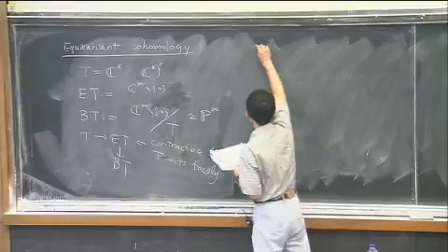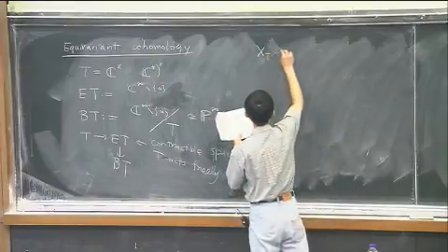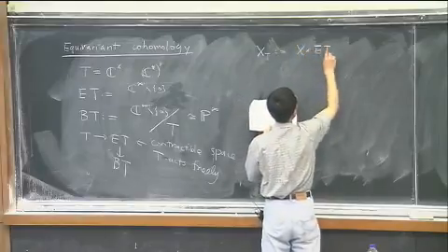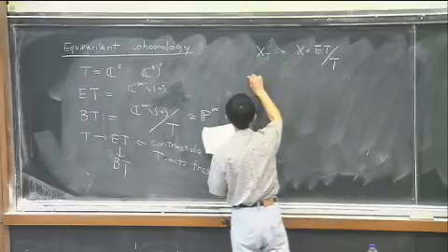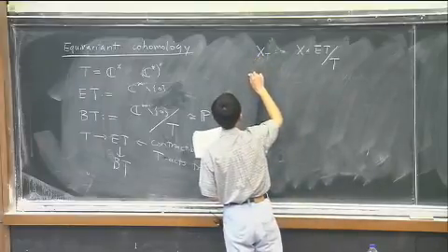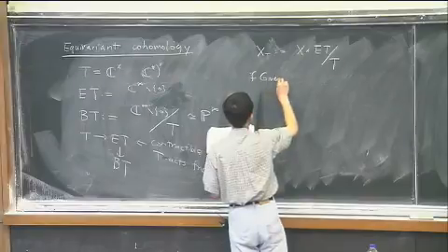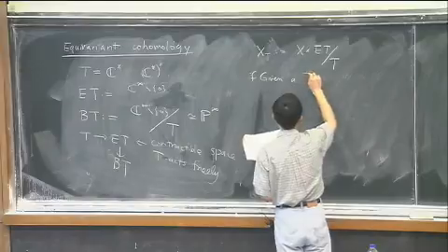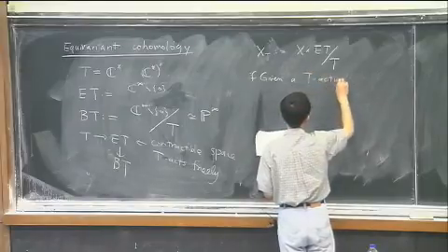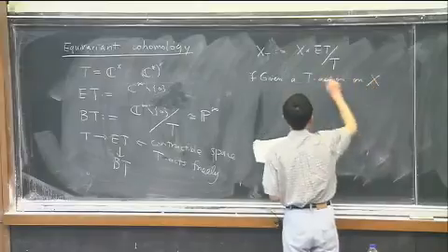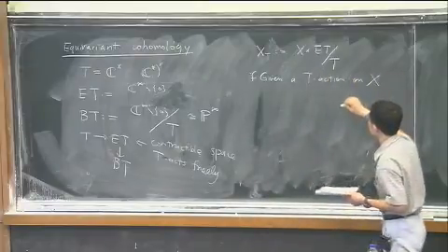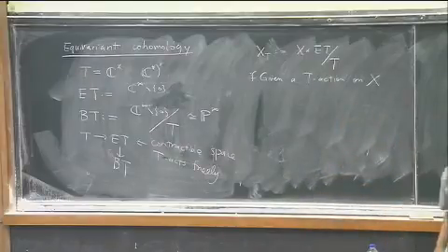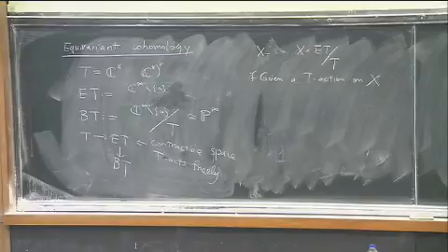So I'll define XT to be the quotient by T. Given a T action on X, I can always form this space, because T acts on X and T also acts on ET.